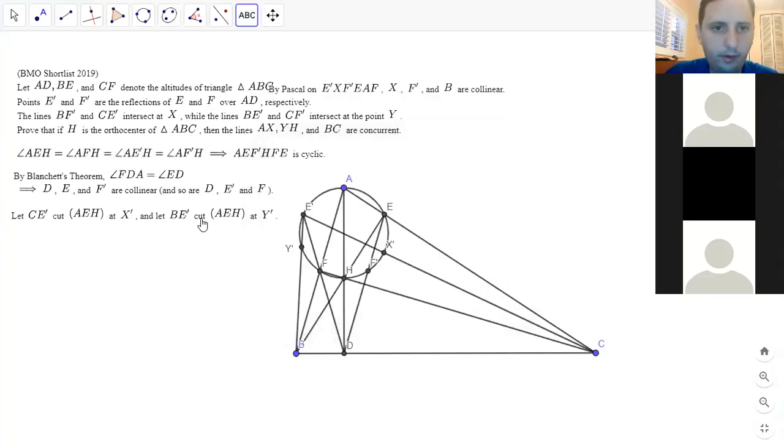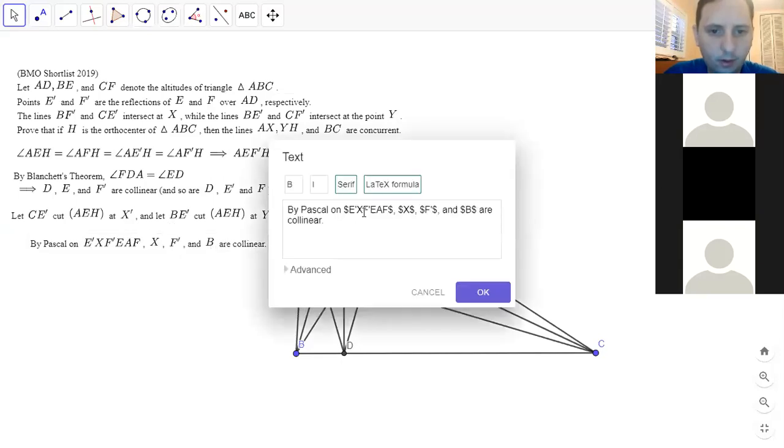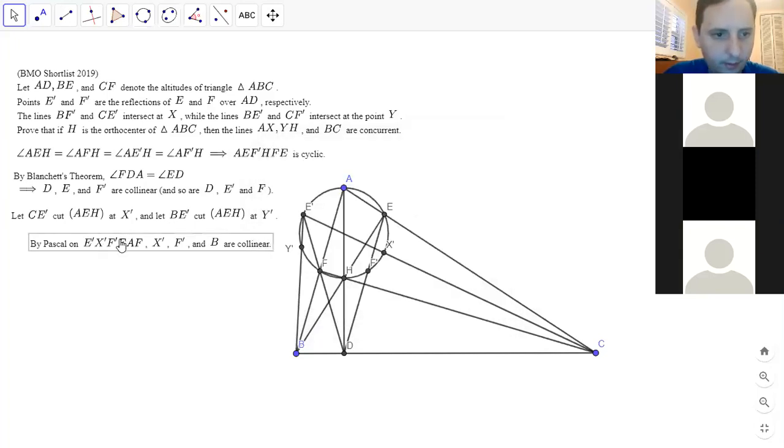Okay, so we have E prime. Oh, I just renamed things X prime, but this means that X prime equals X. E prime X prime F EAF.